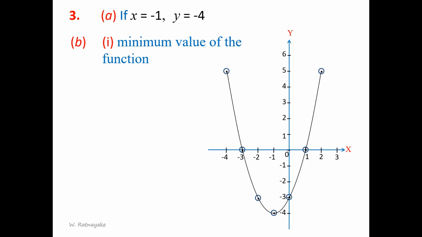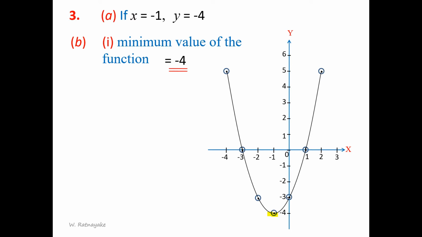So here the value of y is -4, so that is the minimum value of the function. So we have to write it like this: minimum value of the function is -4. No need of writing y equals -4, because minimum value of function means y. So it is sufficient to write only the -4. So that is the answer for the first one.